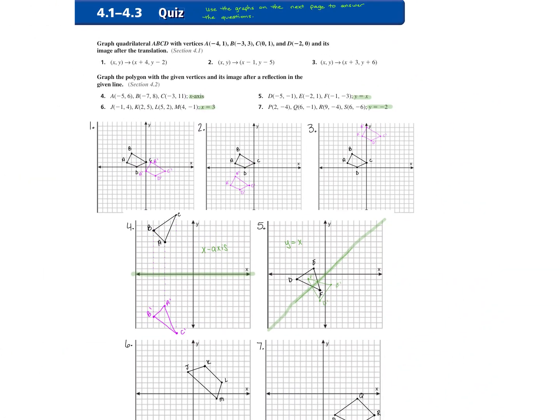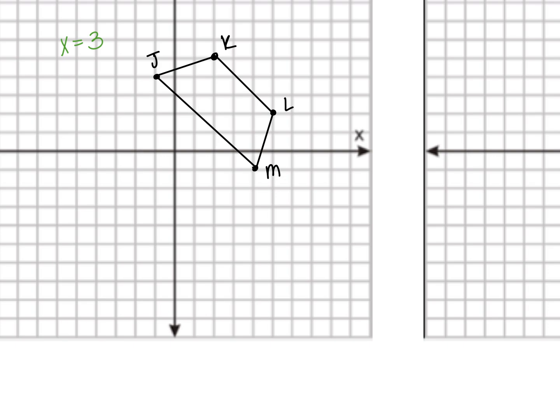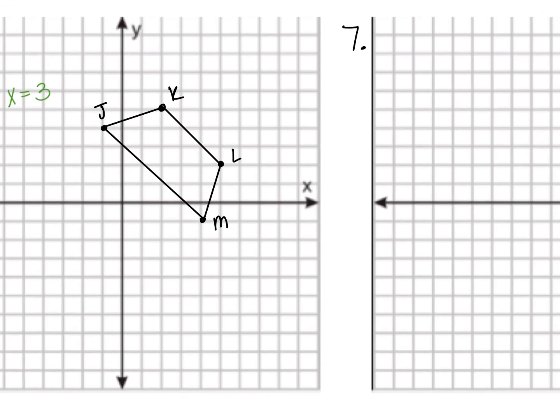All right, 6 is where x equals 3. So looking at where x equals 3, 1, 2, 3, it is this line right here. And same thing as before, this is where my L is going to go.